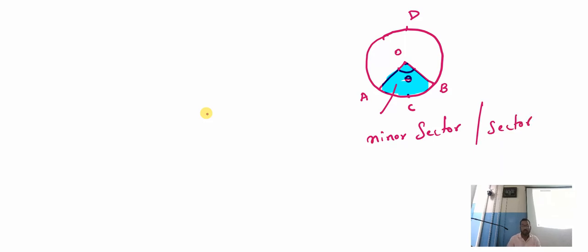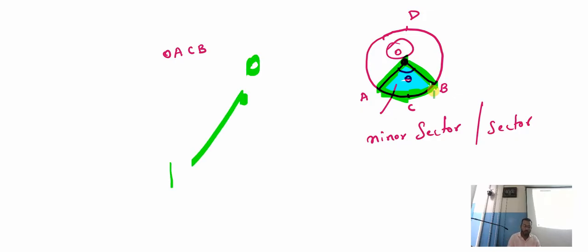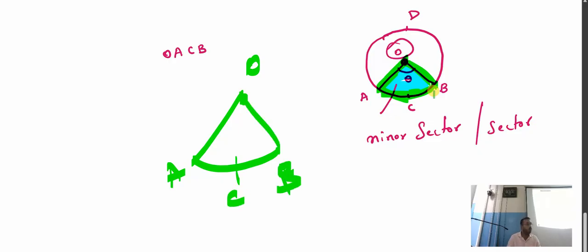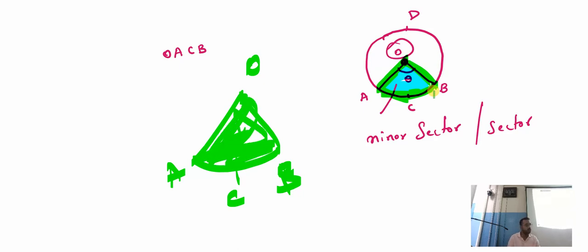Which area is the minor sector? O, A, C, B. Can you see this region? Start from O, go to A, C, B, and again O. Start from O, end with O. Then it becomes this complete region, which is called the minor sector.